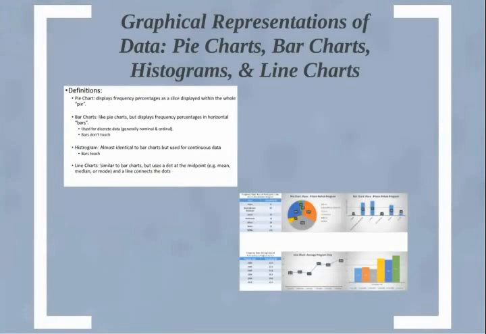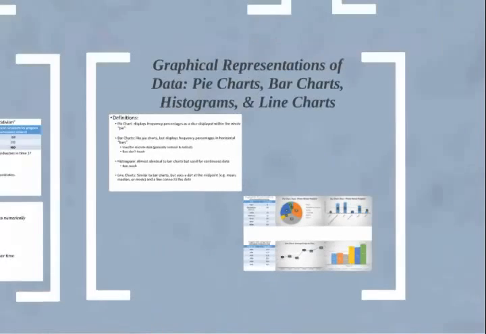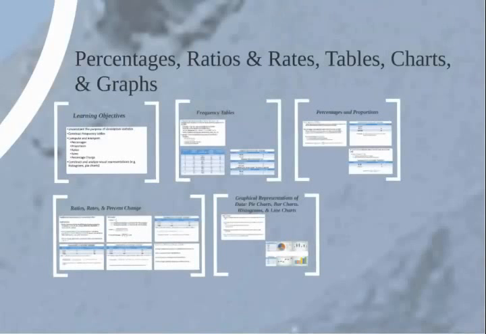And so that's your introduction to graphical representations using pie charts, bar charts, histograms, and line charts. And we are at the end of our presentation today, so hopefully by the end of this, you should understand how to construct a frequency table, how to calculate percentages and proportions based on those frequency tables, and how to calculate ratios, rates, and percentages, as well as how to, at least at the minimum, interpret the graphical representations, pie charts, bar charts, and so on and so forth.